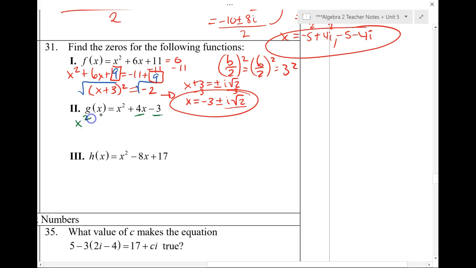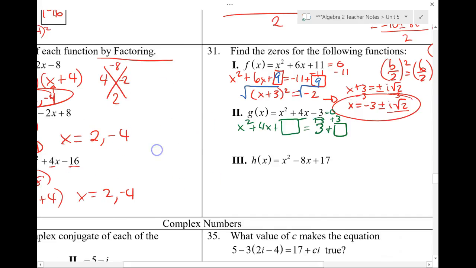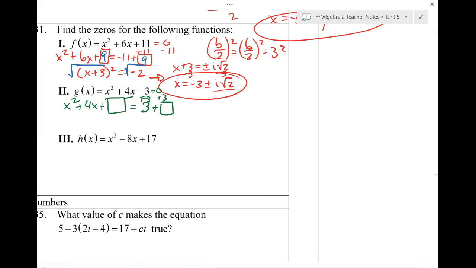So now set this equal to 0, add 3 to both sides. Now I have x squared plus 4x plus the square, and I have positive 3 over here now, plus the square. Now let's figure out what that perfect square is going to be.